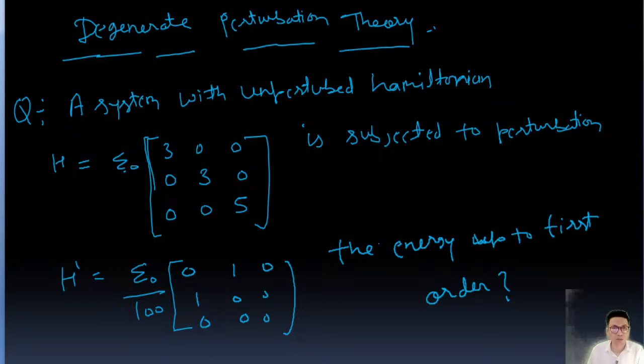We have been given the unperturbed Hamiltonian H equal to epsilon. We have already studied this, so you can check my previous lecture.